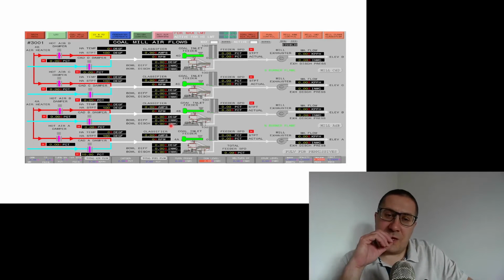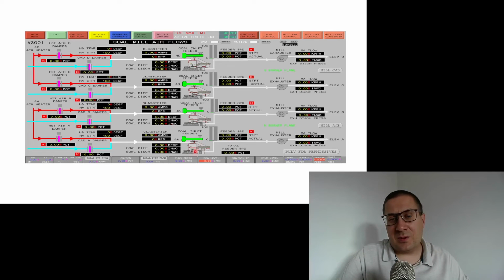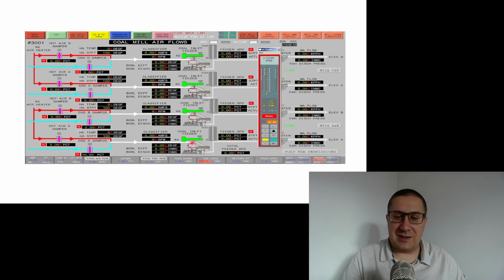And here is the example of how the operator can change the load of the device. Here we have 4 coal feeders, 4 coal mills, and let's say we would like to change the load. Of course, the system is not connected to the plant, so everywhere we can see the 0. But let's pretend it is connected. So if we click on the device, a sub window will appear.